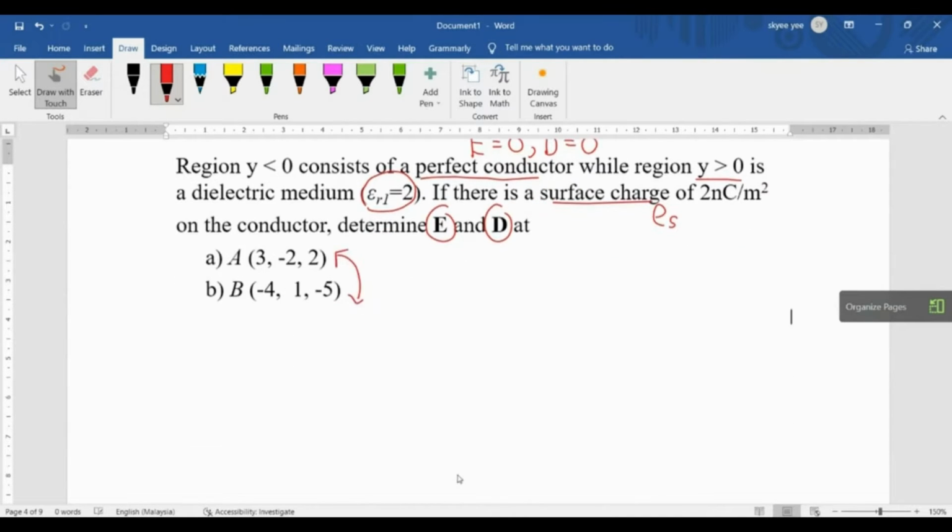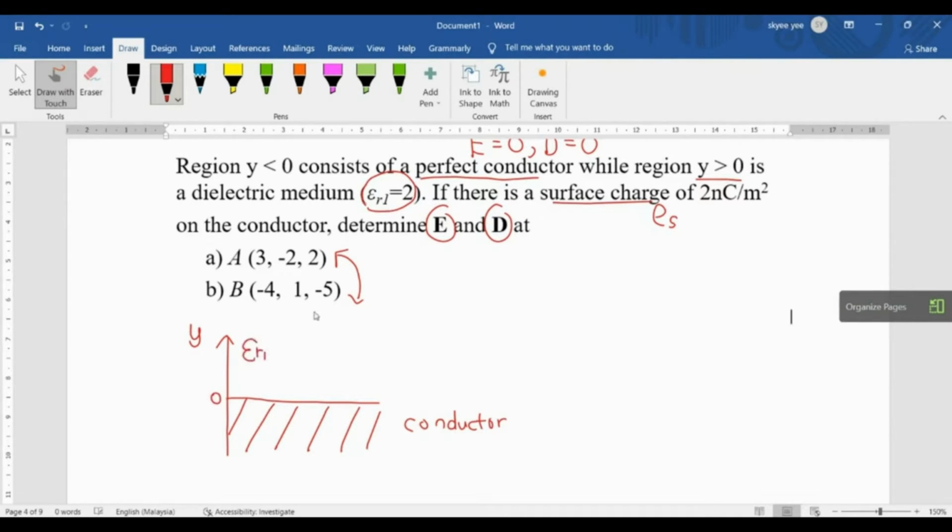First of all, let's draw a bit. Maybe this is your y-axis. For y less than 0, it is a conductor, while for the region y greater than 0, it is a dielectric medium.